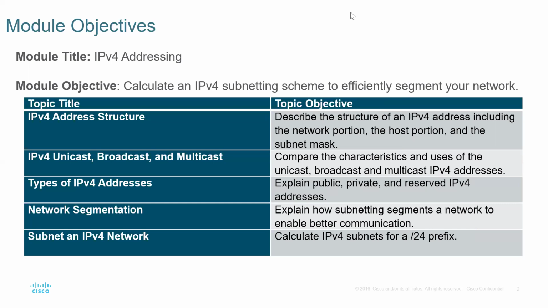All right, this is module number 11. And I think it's fair to probably begin by defining what an IPv4 address is before we get to the subnetting part, the addressing part. What is an address?